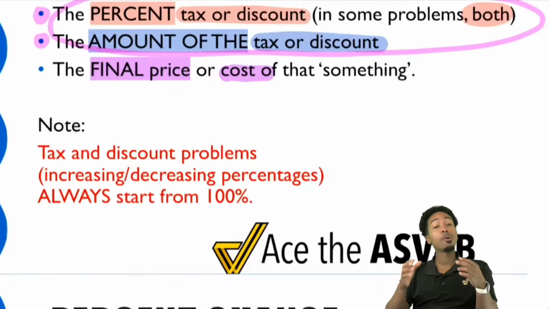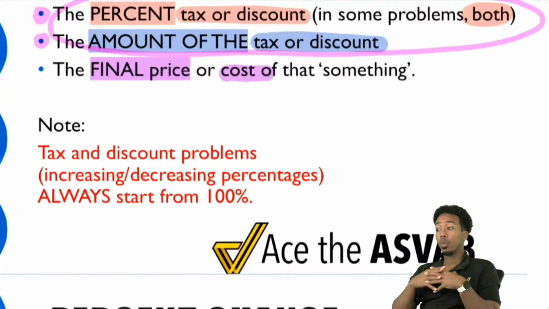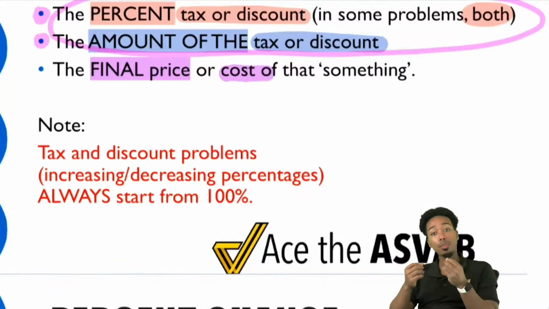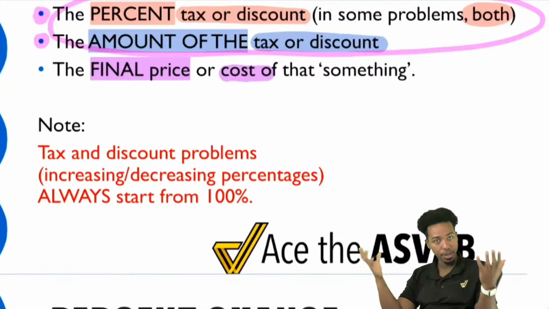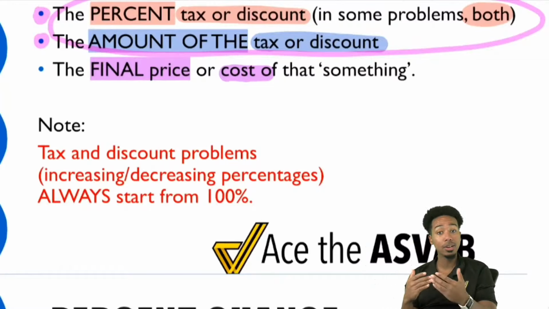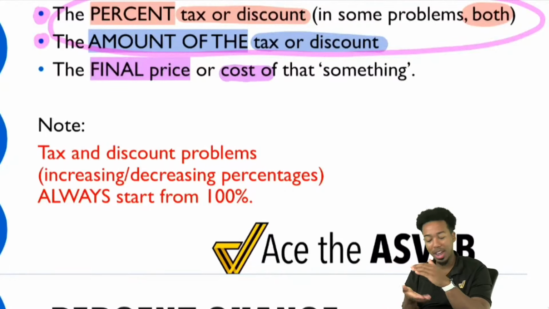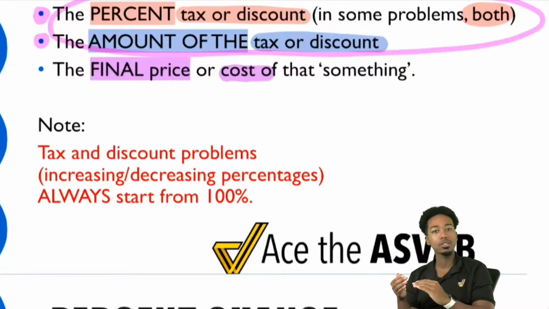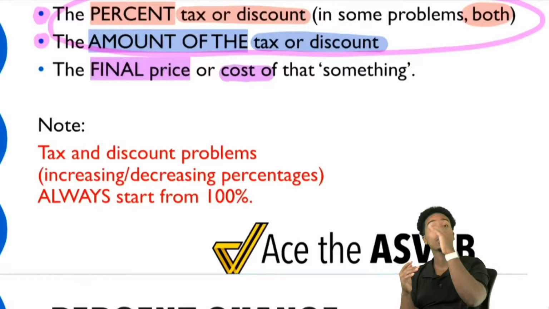Remember, everybody, when it comes to percentages, the original amount, the whole thing, is represented by 100%. And so when you apply a tax, you're adding on top of 100. When you're applying a discount, you're shaving stuff away from that 100, because you're not going to pay a full 100%. You're going to pay less with a discount and pay more with a tax.